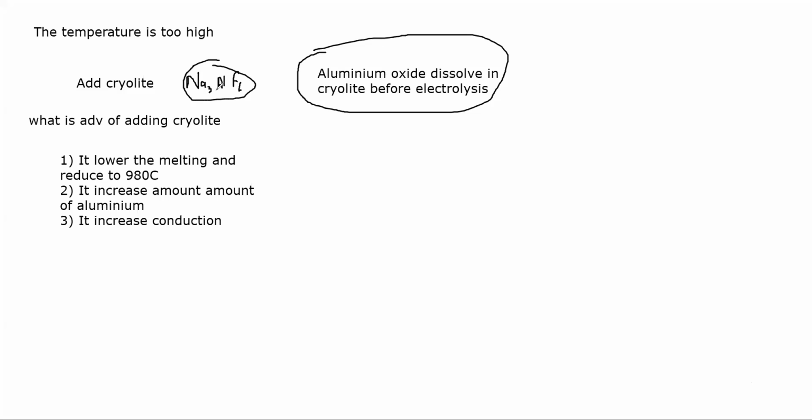You have two solids mixed together, and you are supplying heat energy. When you supply heat energy, cryolite and aluminum oxide mix with each other, and the molten state of the two solids occurs at 980 degrees centigrade. If it was pure, you would have to reach a temperature of about 1900 degrees centigrade.